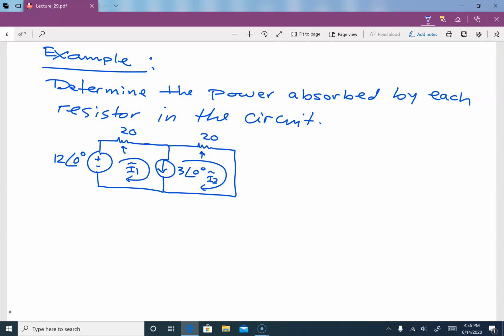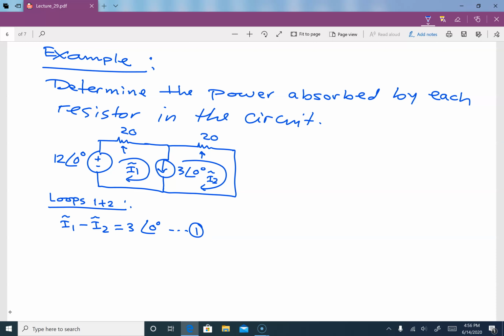Then based on that, we can write for both loops here, so loops 1 and 2, because that is a super mesh. The first equation, that is I1 minus I2 is equal to 3 with angle 0. That is our first equation.